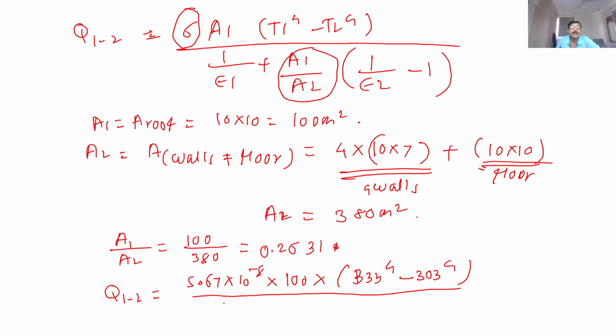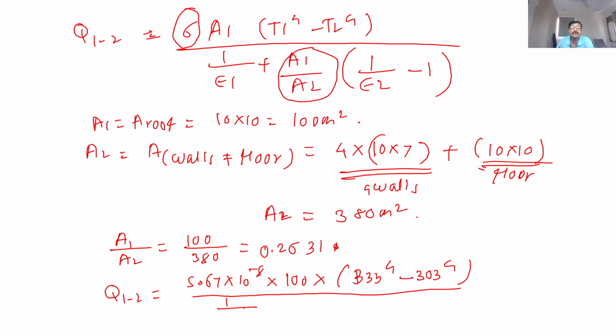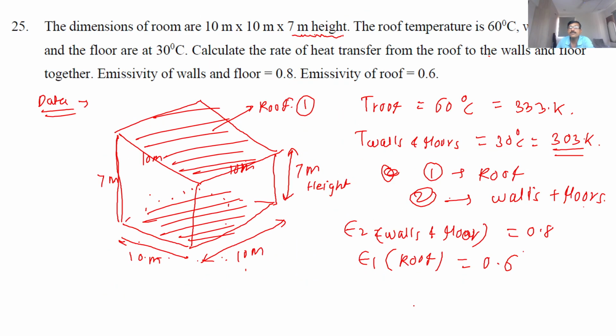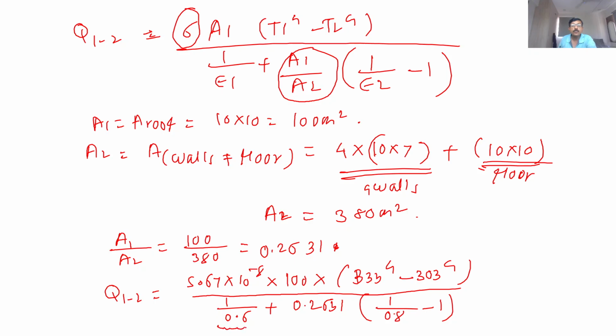डिवाइड बाय 1 by epsilon 1. 1 is roof, तो what is epsilon 1? 0.6 प्लस A1 by A2 की वैल्यू 0.2631. What is walls and floor की एमिसिविटी कितनी है 0.8 minus 1. Okay, if I will solve this, separate numerator and denominator. Numerator is coming as 21928.99 divided by denominator, this first term 1 by 0.6.